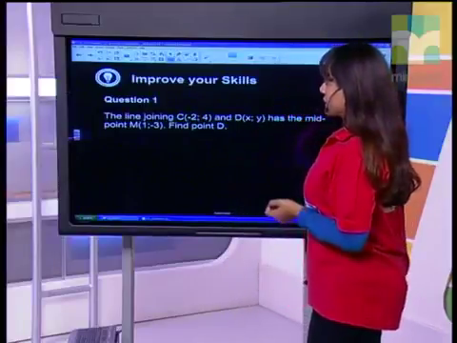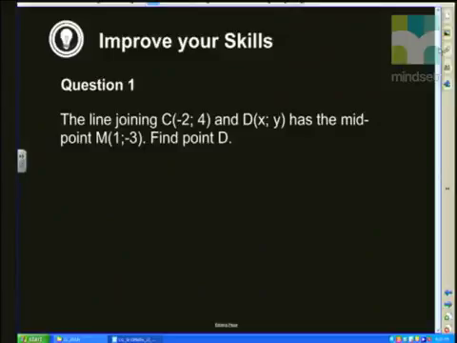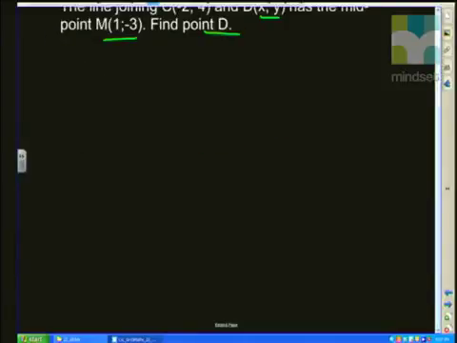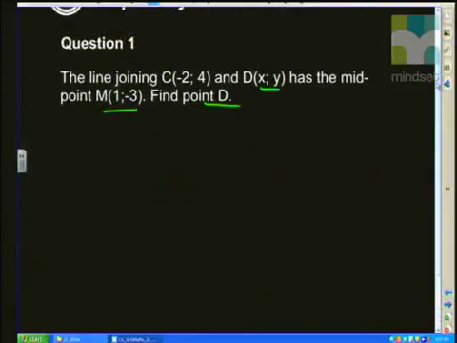Here you're given the line joining point C (-2, 4) and D(x, y), which has a midpoint of M (1, -3). Find point D. Let's see what you've been given here. I'm just going to do a rough sketch.